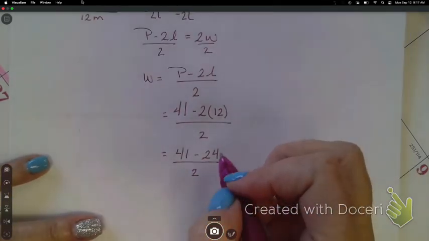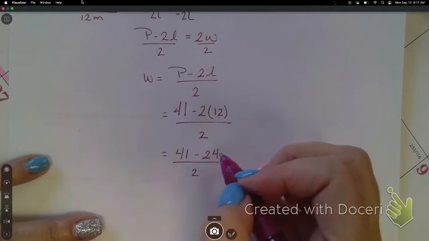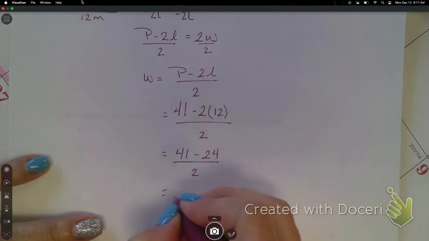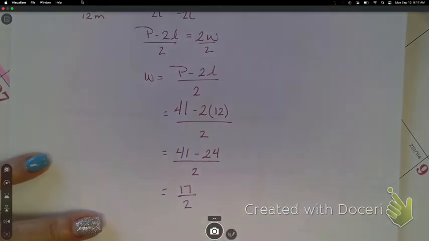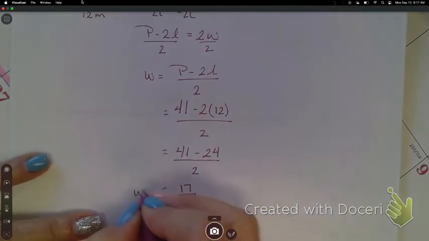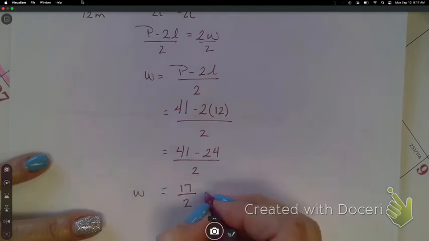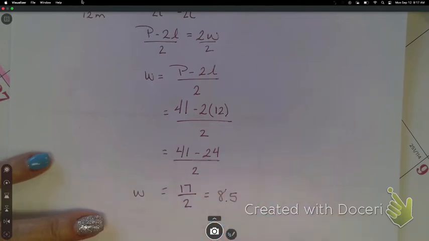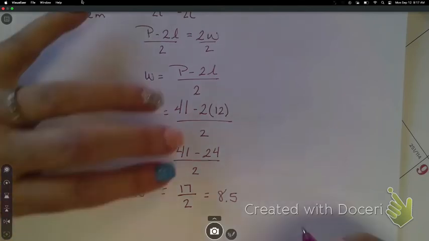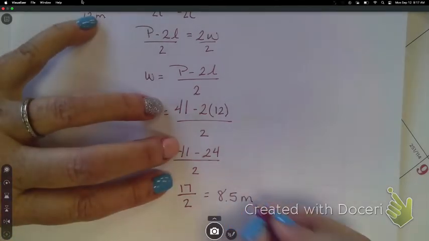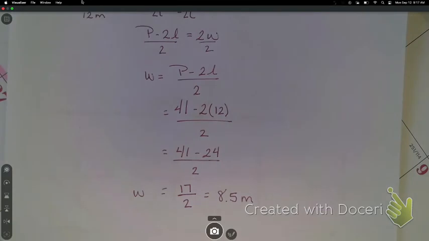So 17. Oh, I forgot to borrow. So I got the width equals 17 over 2, which is 8.5. And that's not approximate, it's exact because I didn't round. And don't forget my what? Meters.